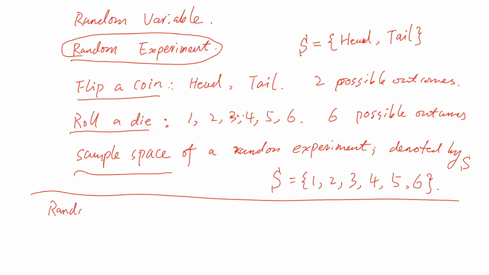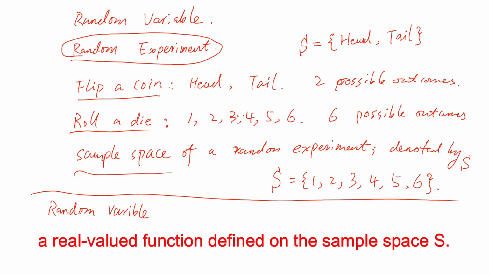Random variable, by definition, is simply a real-valued function defined on the sample space S. All right, so this random variable just assigns a real value to each outcome in the sample space S.